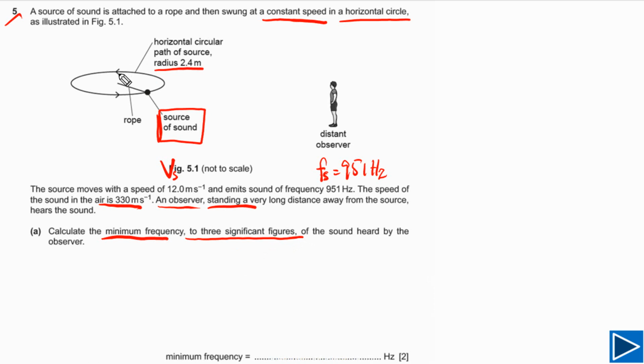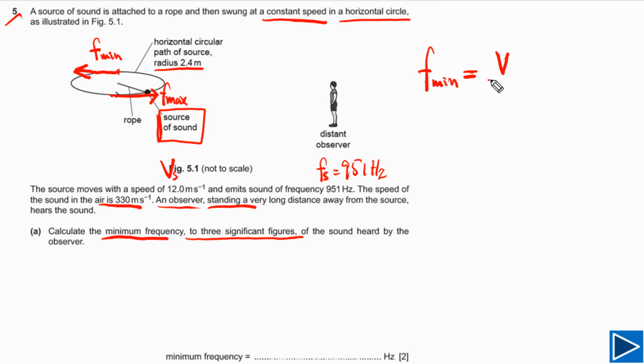First of all, let's try to understand when the frequency is minimum. Frequency is minimum when the source is directly moving away from the listener. The frequency heard by the listener will be maximum when the source is moving directly towards the listener. Directly is very important. When directly moving away, frequency will be minimum. When directly moving towards the listener, frequency heard will be maximum. The question asks for the minimum frequency, so we need to use the Doppler equation when the source is moving away and the listener is at rest.